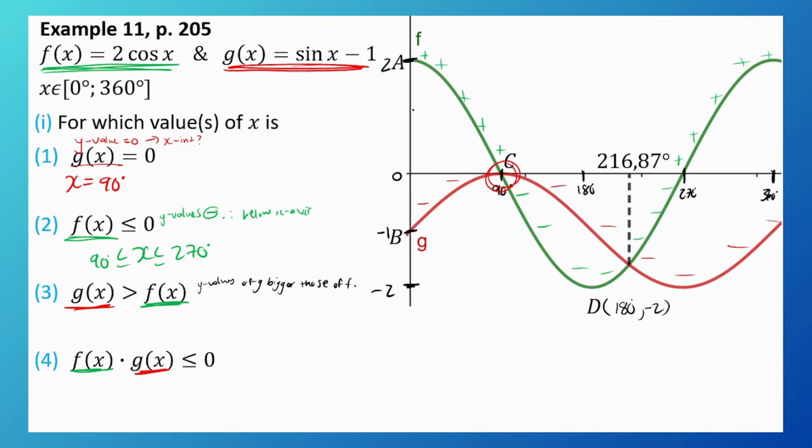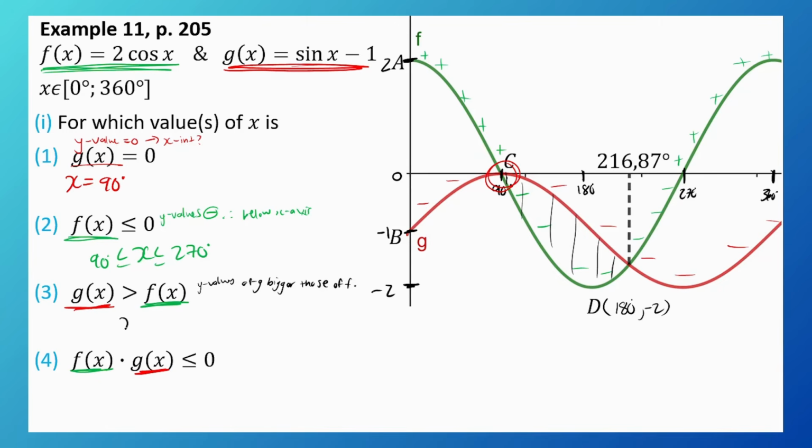So if we look here, everywhere here we have f having bigger y values because it's above. There it changes. So we know where they intercept, that's going to be our critical parts. Then everywhere here we have the red being on top. So in other words, the red graph has bigger y values than the green one, which is f.